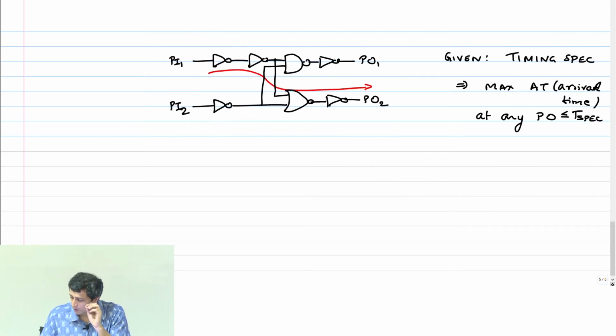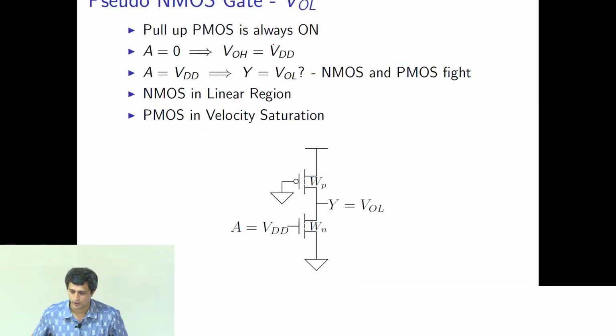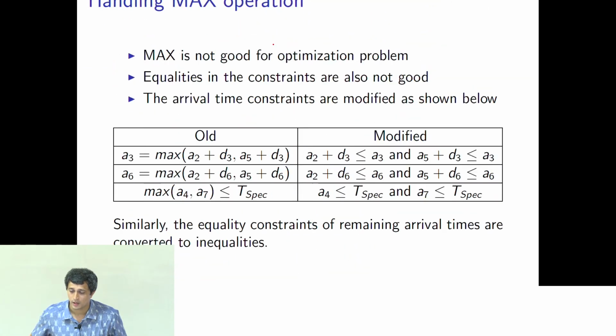Right? So let us see what happens if I apply this path delay sizing problem to this circuit. What will I do? I will now start sizing this particular path, right? Let me just make sure my notation is correct, because I can switch from slides to this at some point.